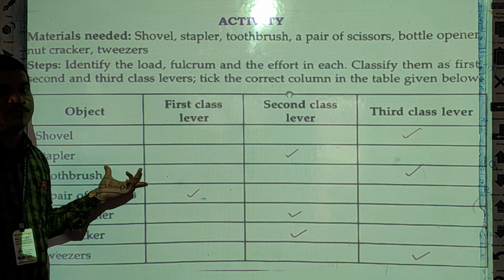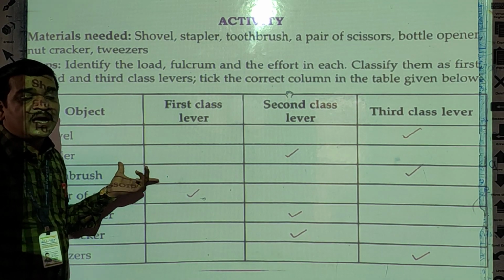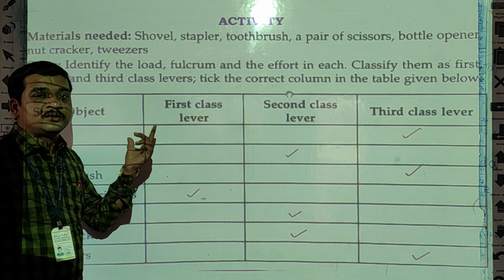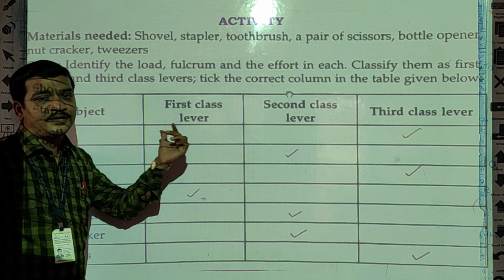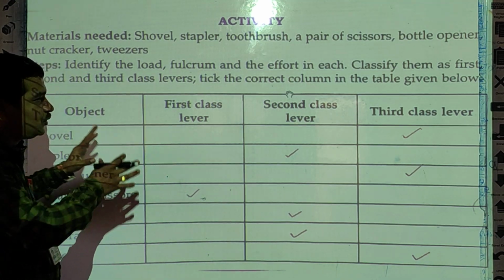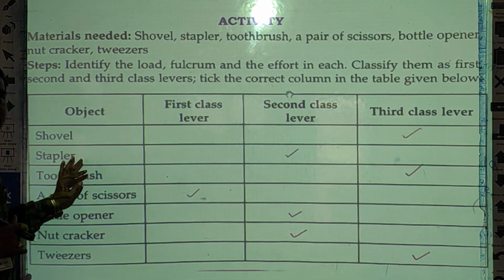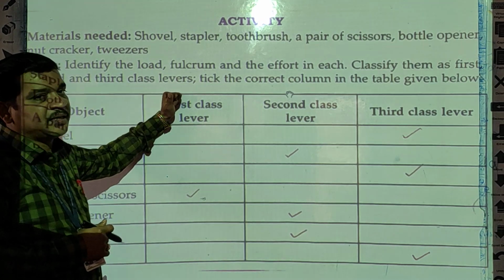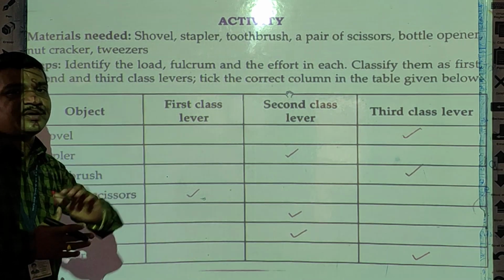And third class lever means when the effort is present between the fulcrum and load. Okay students, so according to this you have to check where the effort is, where the fulcrum is and where the load is, and according to that we can find out.